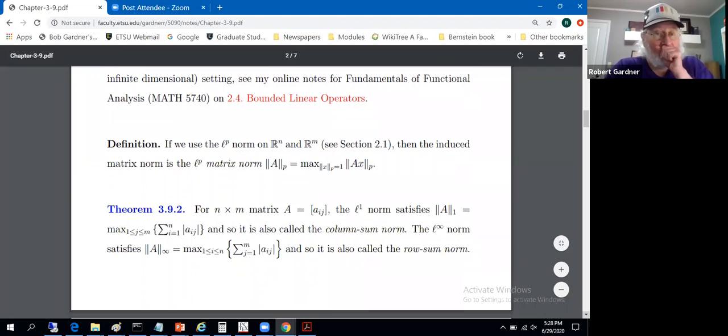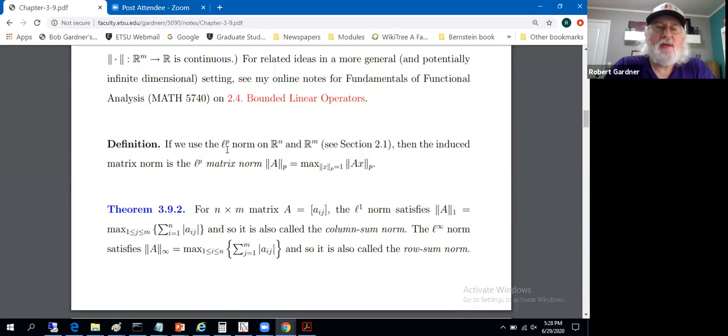Right now, we want to concentrate on matrix norms. Okay, we use the little LP norm on Rn and on Rm. Back in section 2.1, when P was 2, remember, we summed up the squares of the absolute values of the components of a vector, and then took a square root.